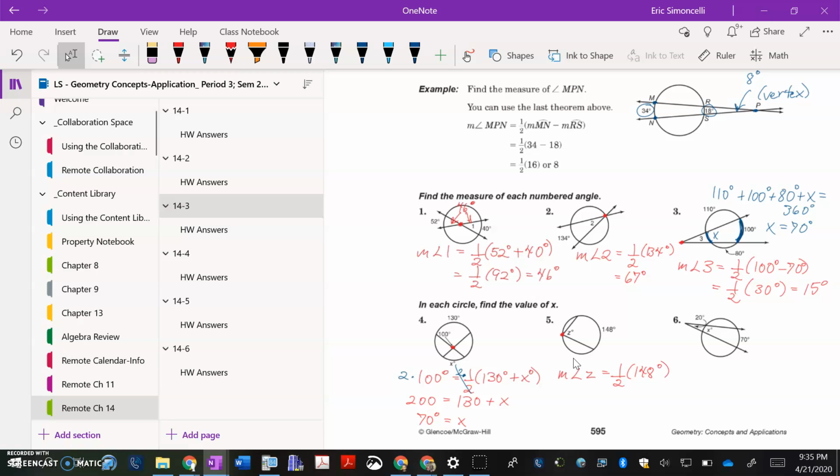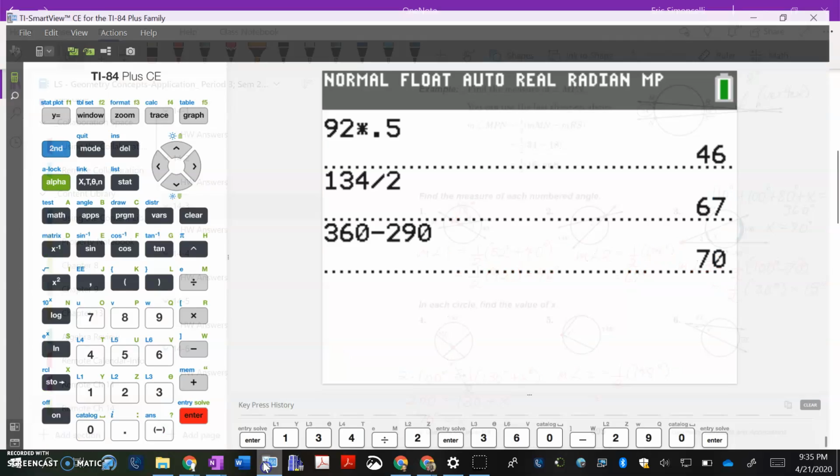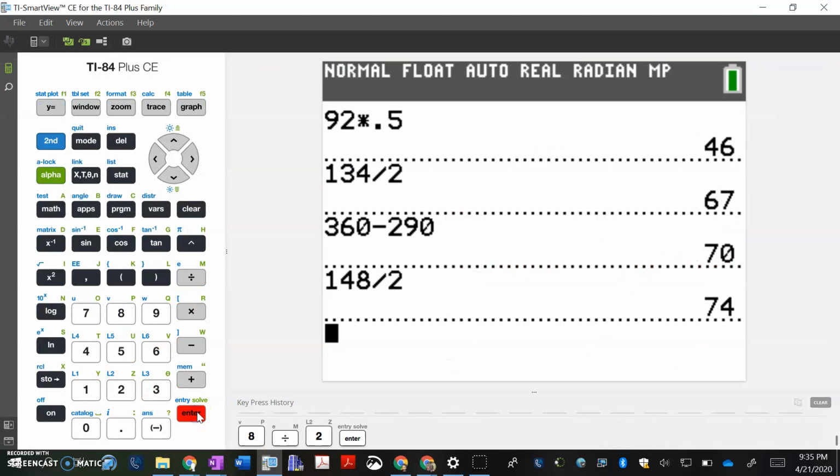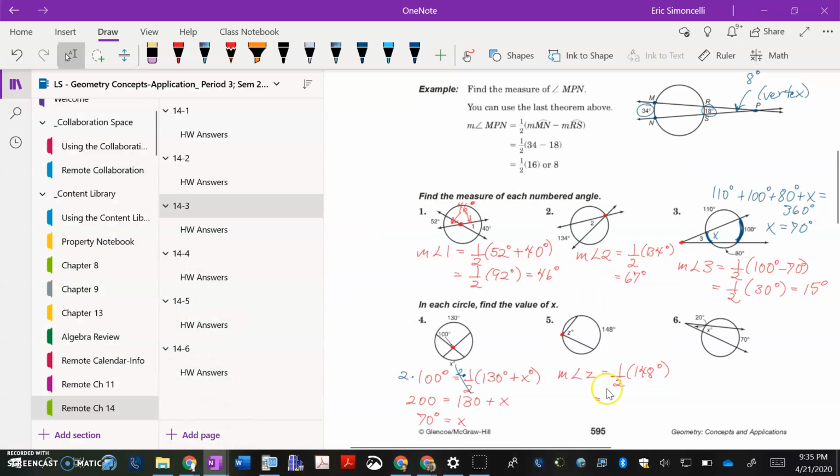Quite frankly, the problem does relate nicely back to number 2. The application is pretty much the same idea, in which you just simply divide 148 by 2, and the inscribed angle of 74 degrees is simply what we're looking at.